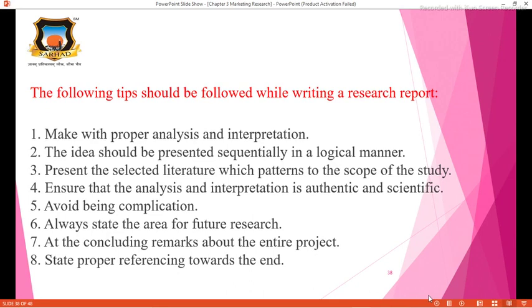Ensure that the analysis and the interpretation are authentic and scientific. Avoid complication; it means it should be simple. Always state the areas for future research. Add concluding remarks about the entire project and state the proper referencing towards the end.